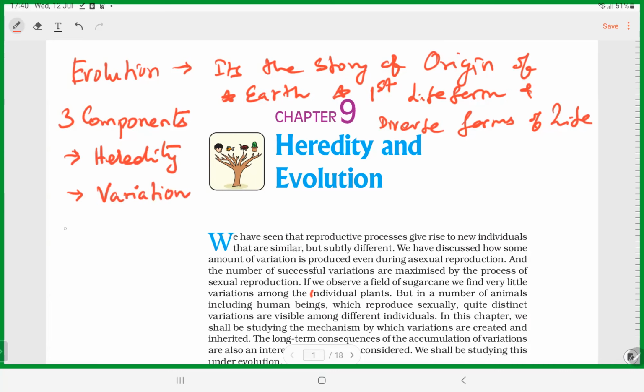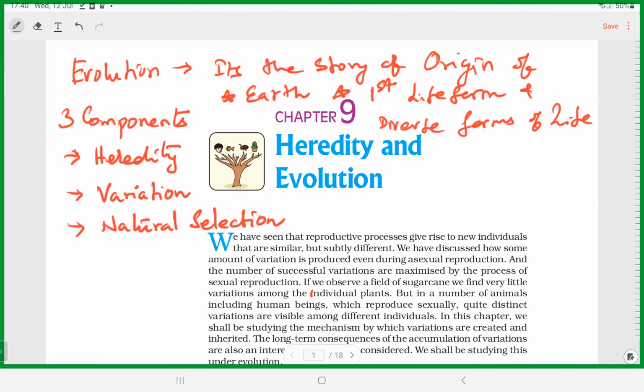The third component of evolution, natural selection. Heredity, variation, natural selection.